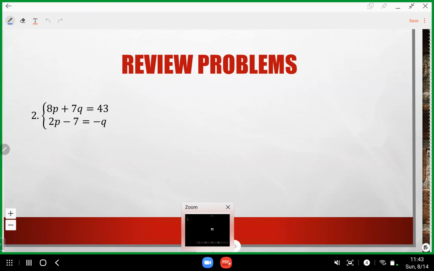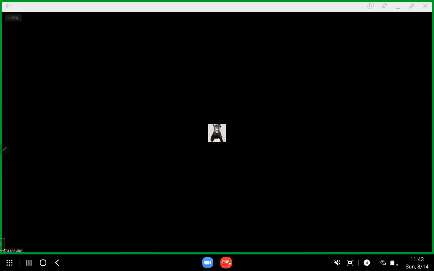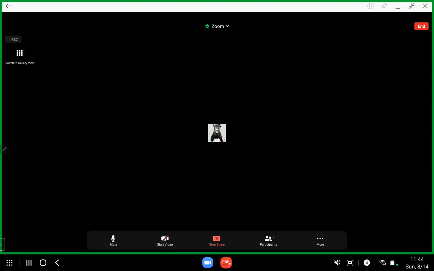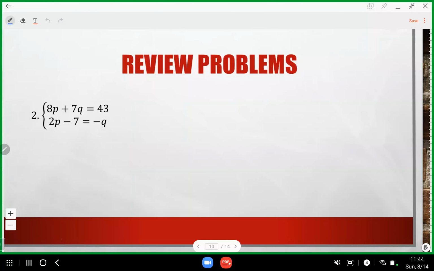All right, let's solve this one. William says 1, 5. Very good. For this one, we already know what q is. So q is going to be equal to negative 2p plus 7.